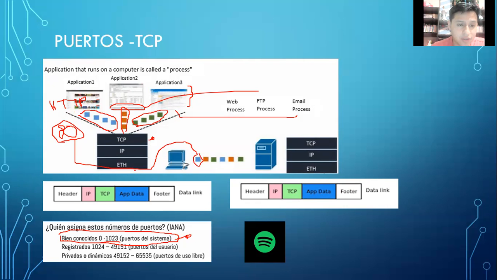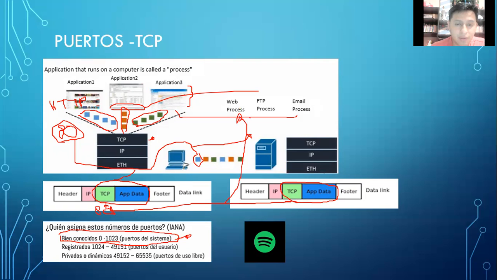The TCP header has the origin port 80, and this information is sent to the server, and the server reads the information and understands that the process is HTTP, that it is the web process.